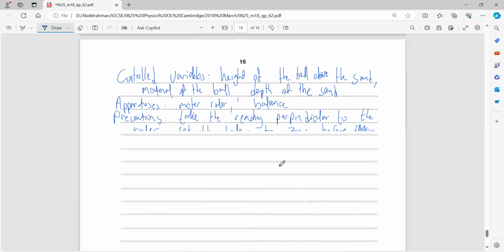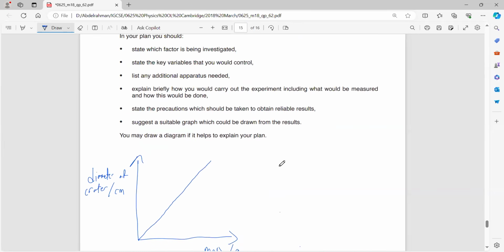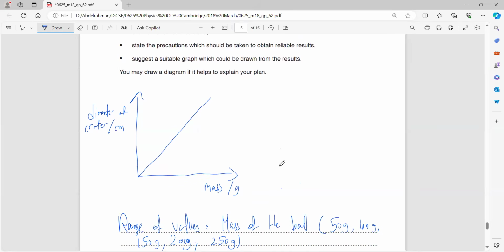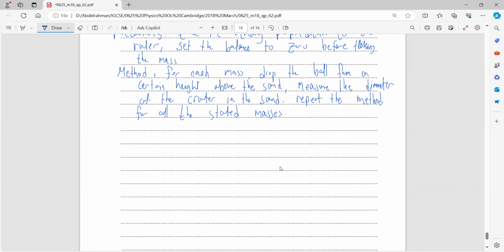Let's write down a quick conclusion. I know he did not state clearly that he needs a conclusion, but it would be logical to write down a very simple conclusion. And we all know the conclusion. We all know that it is quite systematic. What is a conclusion for this experiment? For each mass, repeat and take average.